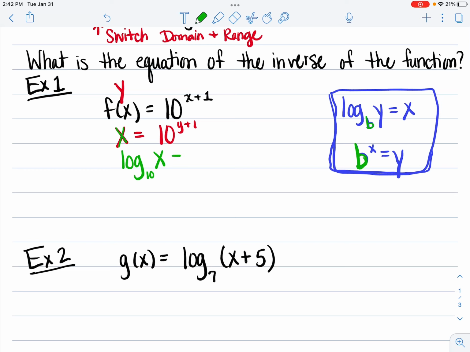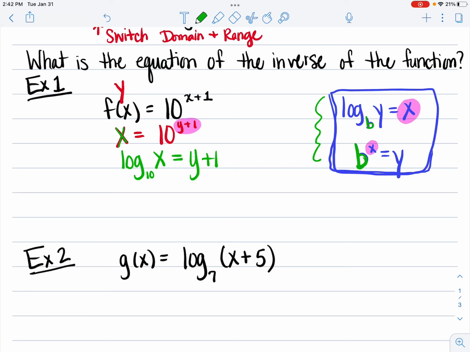So x equals, and then the actual exponent itself, that's what the logarithm is equal to. In this case, that's going to be y plus 1.